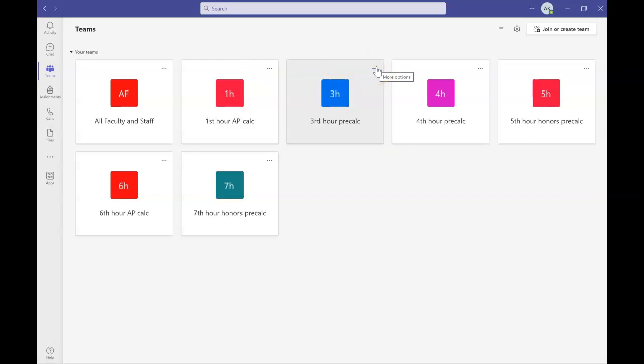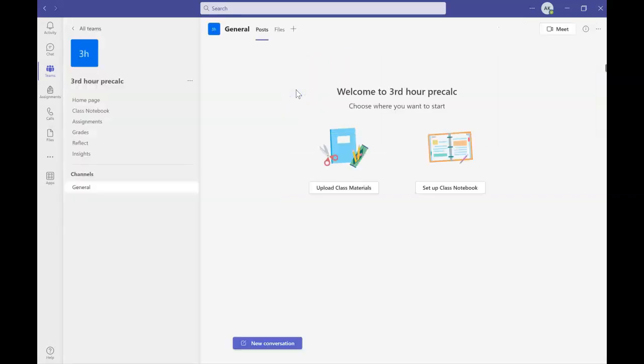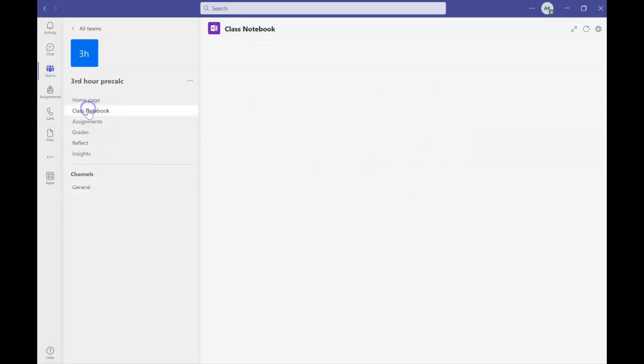Does anyone not see that? Okay, so go ahead and click the tile. And then from the navigation pane on the left, you'll pick Class Notebook.